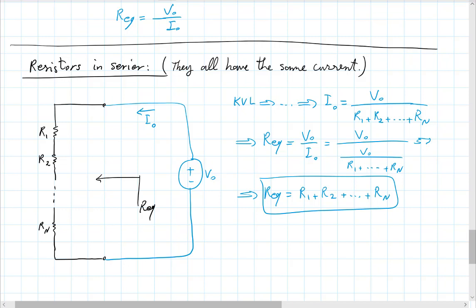This is just a proof for that. That if you have a number of resistors in series, the equivalent of this combination is simply the sum of all the resistors.